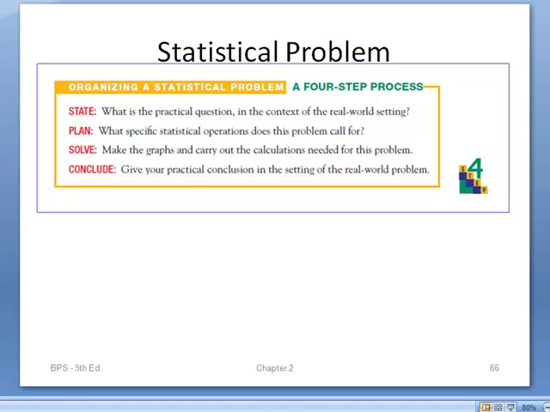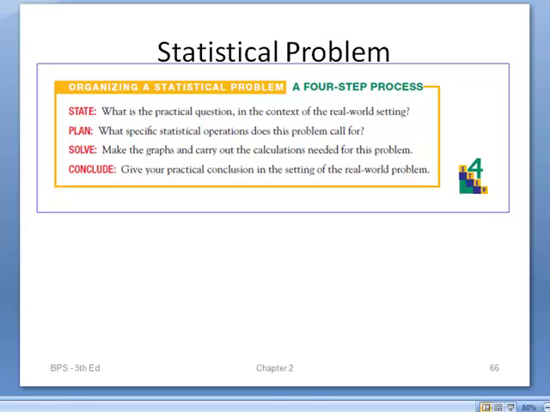Now first, you have to state the problem, or what is the practical problem? How does logging affect tree count? So the next step is, what specific statistical operations does this problem call for? Well, we need to compare the distributions, including appropriate measures of center and spread for all the three different groups.